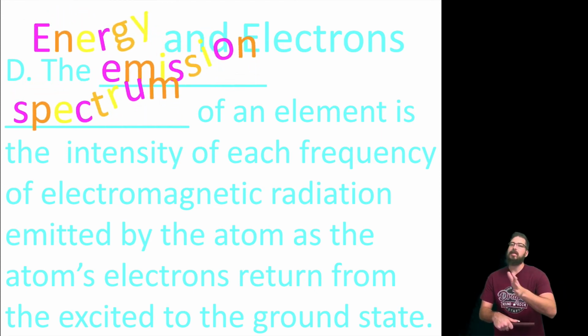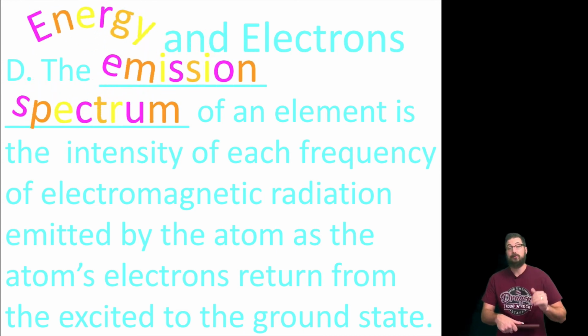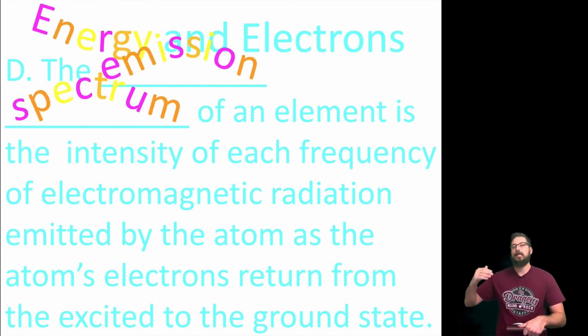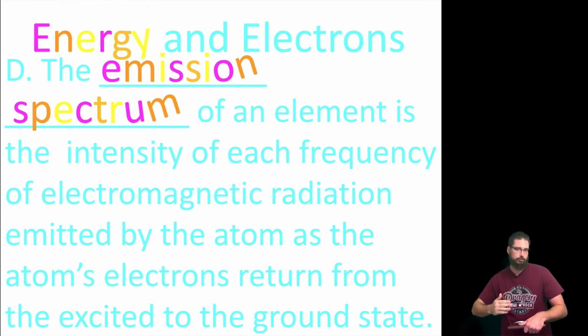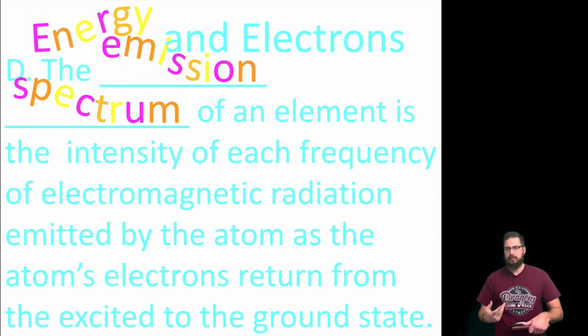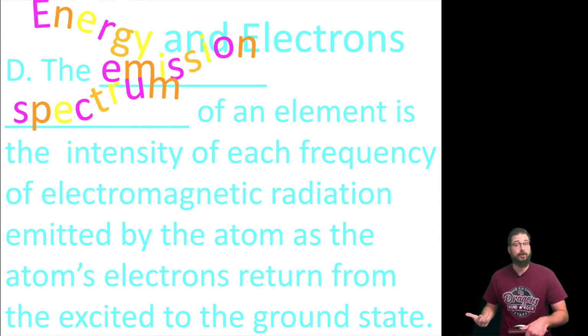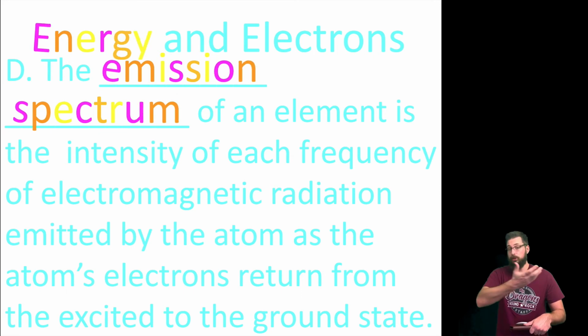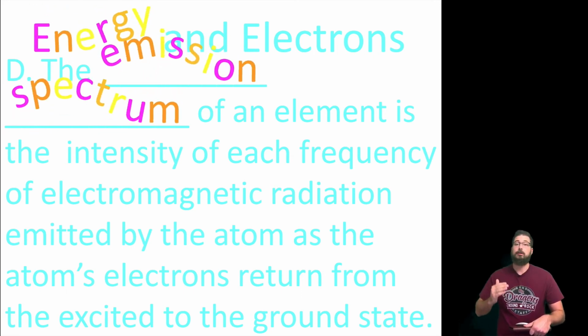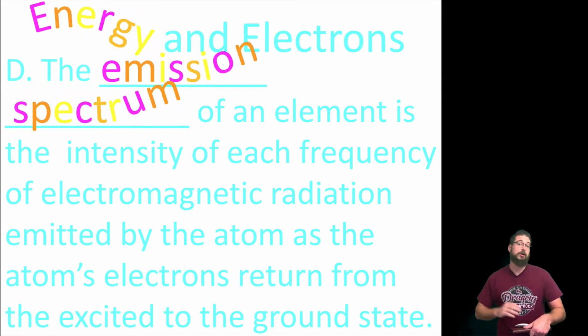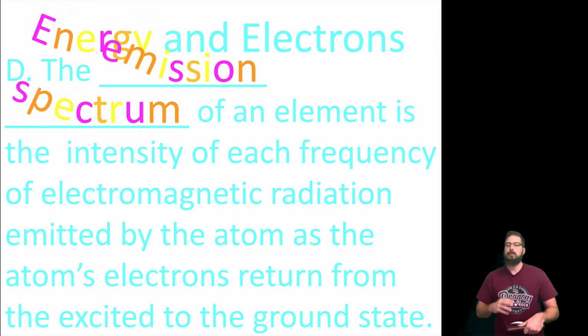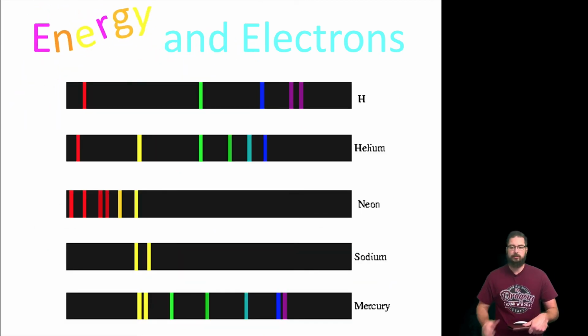And every element is going to give off different energies when its electrons go from an excited state to a ground state. The reason for that is because each element has a different electron configuration. And when you get all these different electrons in there, all the electrons can do a different combination of things. And so let's go and take a look at an example of an emission spectrum.